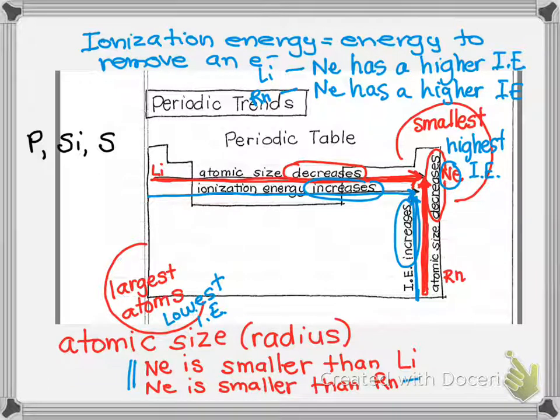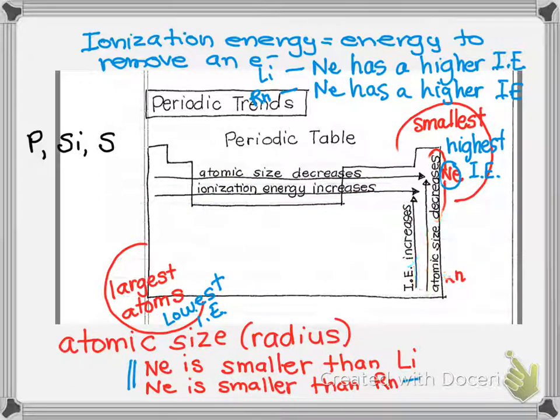On my periodic table, I'll erase this so we can look at it more clearly. They are in the third row, with silicon right here, then phosphorus, and then sulfur.